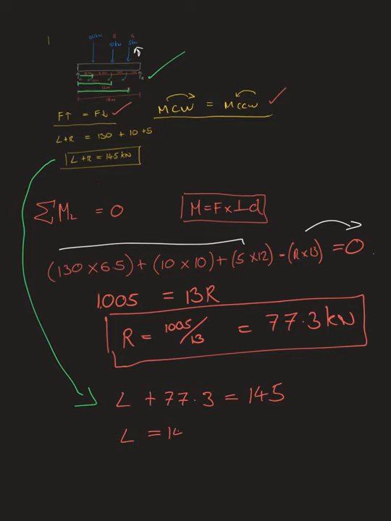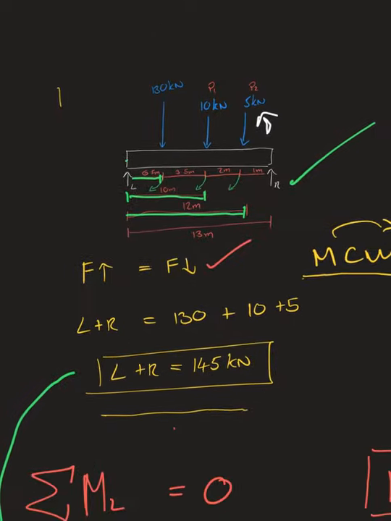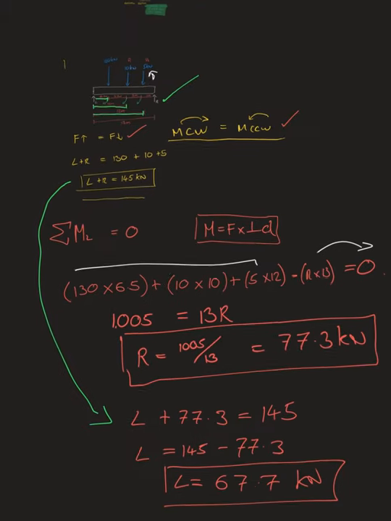L equals 145 minus 77.3. Go to the calculator, L equals 67.7 kilonewtons. Now I've got a value for left and right, L and R. I know the two forces that would keep this beam in equilibrium, and I've solved that question.